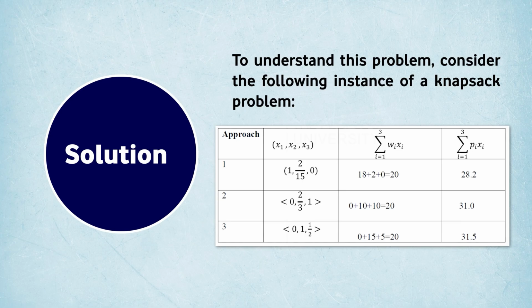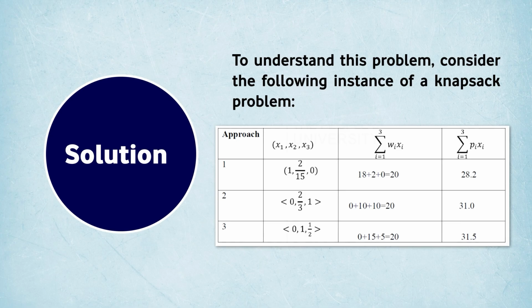It is not fully added, because when you add item 2 with weight 15, you will only be left with a capacity of 5. So based on the capacity of 5, you will again add a part of that item. 5 by 10 will be 1 by 2, so you will add 1 by 2 of the item, and similarly you can calculate the profit.